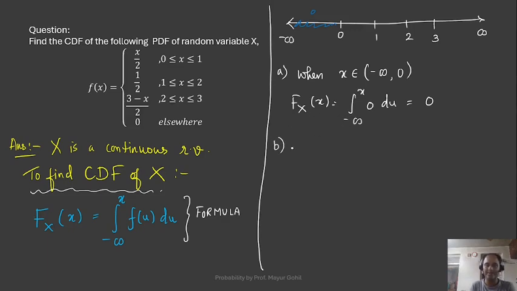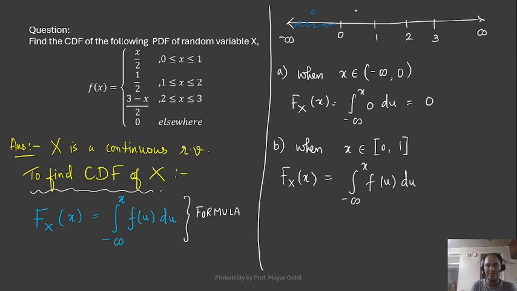Now let's go to the next part. The next part is when x belongs to the interval from 0 to 1. What is happening in that case? Again the definition remains the same: F of x is the integral from minus infinity to x of f of u du. Now x is in this portion, 0 to 1. So from minus infinity to x, the thing happens like this.